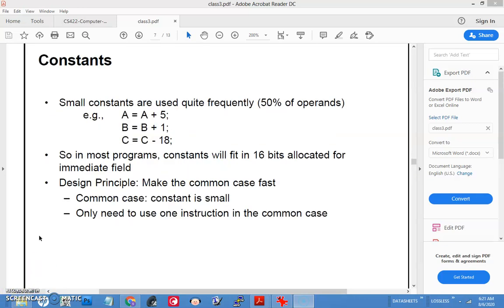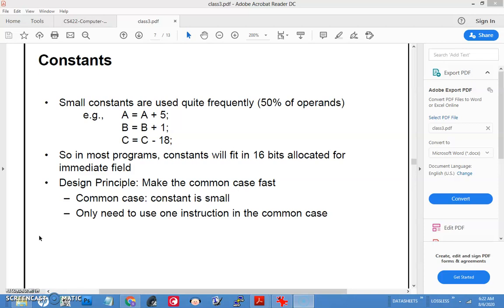Now let us see the next principle, which says make the common case fast. It's a very simple principle. Let's say every day we do some common activities before going to college. If you speed up those common activities, you will reach college faster. Wherever these common things are there, we must make them faster.